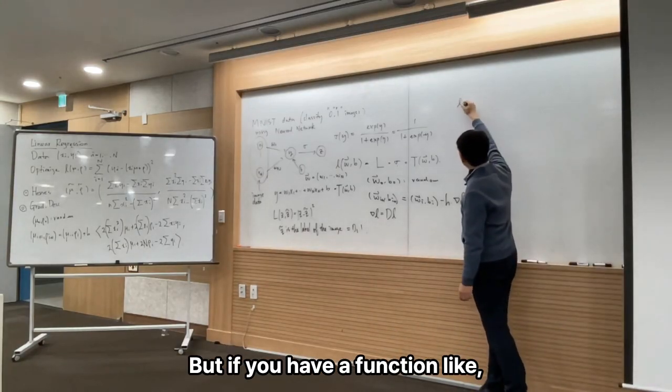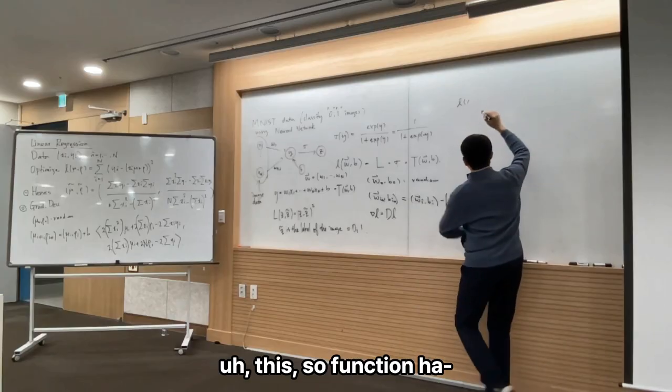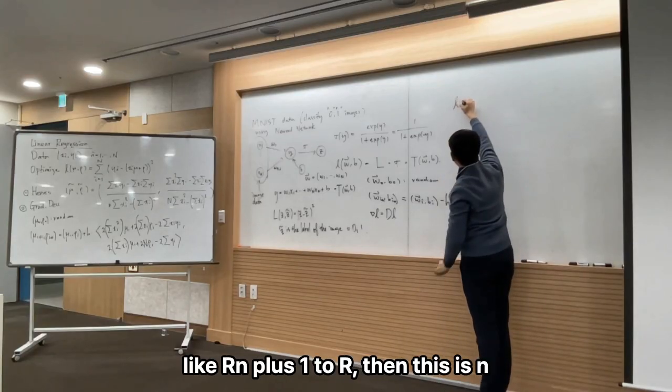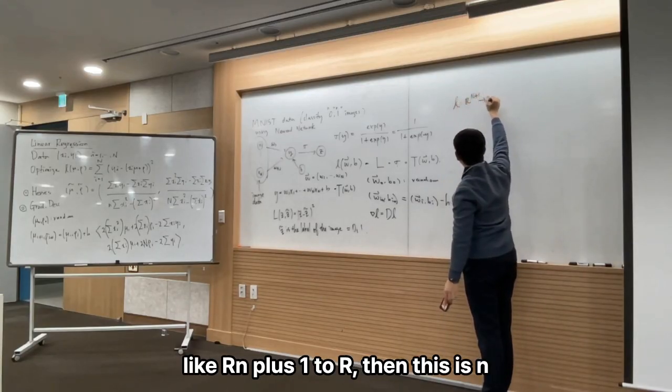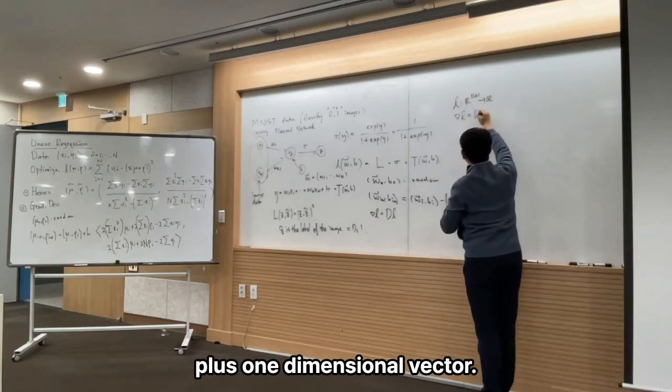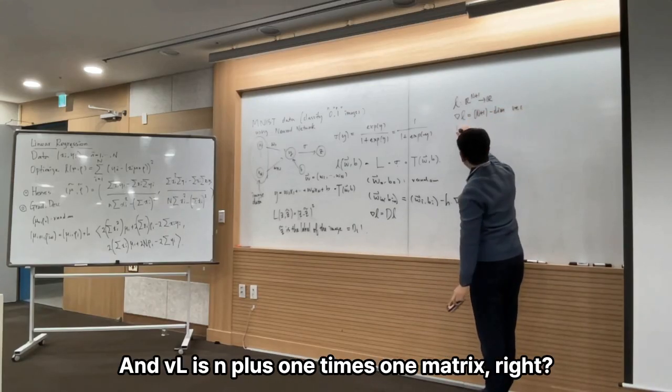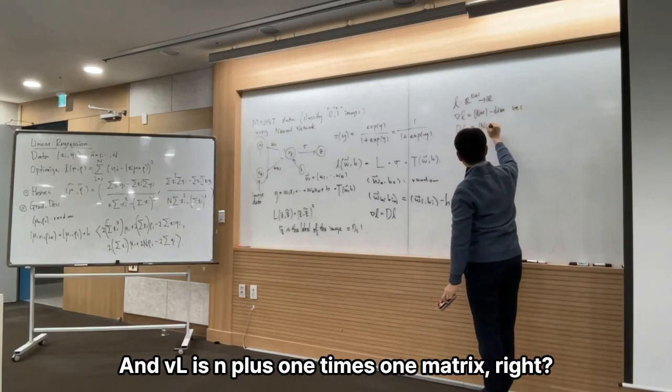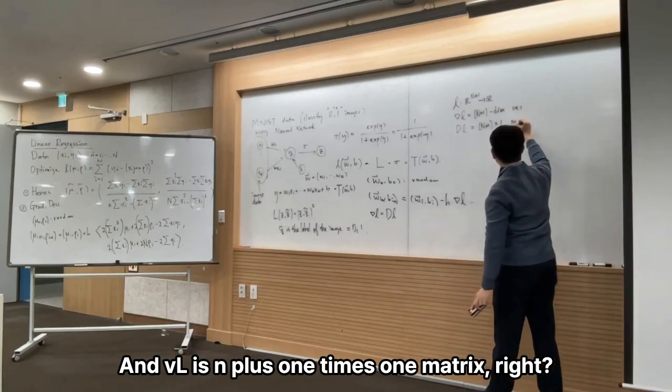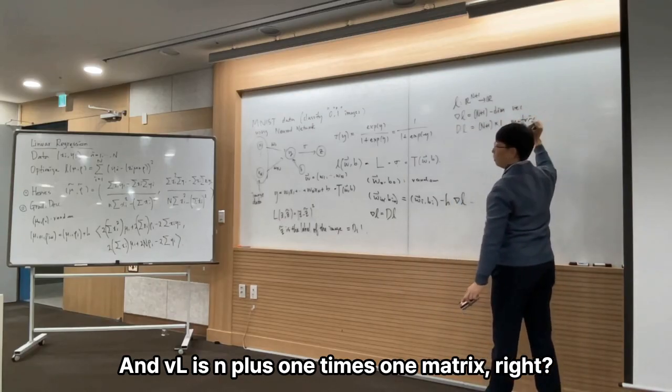But if you have a function like R^(n+1) to R, then the gradient is an (n+1)-dimensional vector, and dL is an (n+1) times 1 matrix, right?